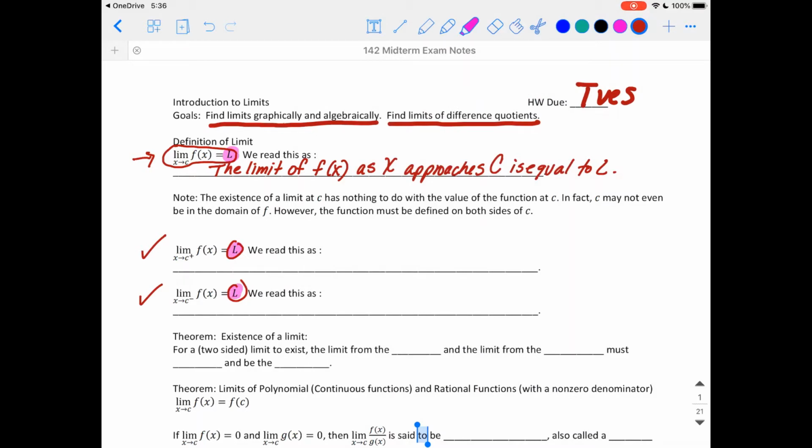But before we start analyzing, let's just make sure we know how to read it.